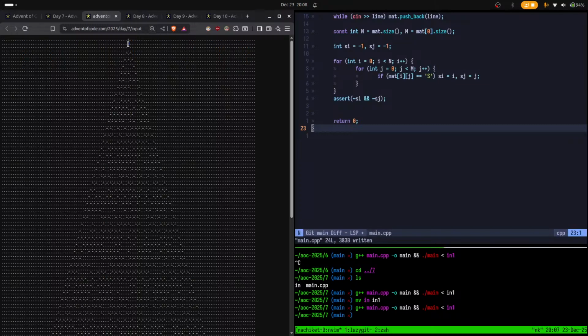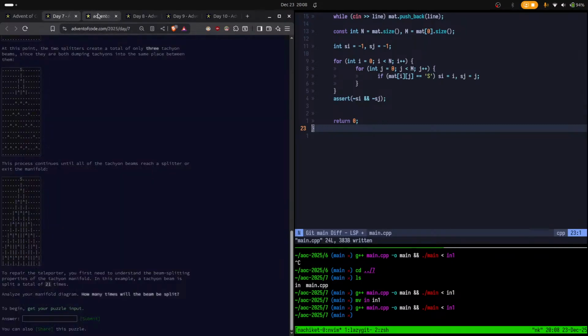Yeah, so the position just below S is also empty.